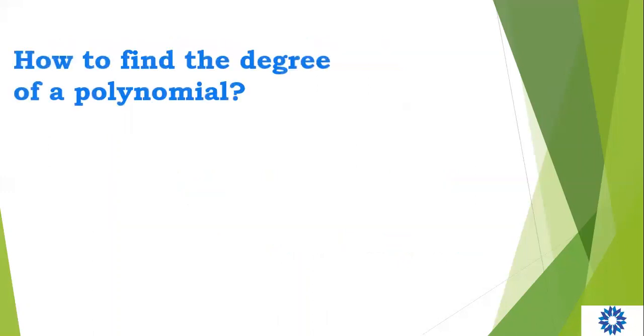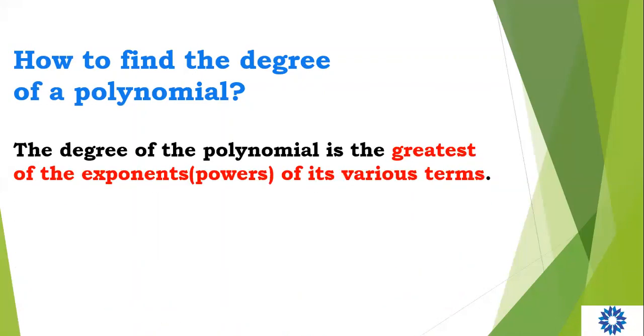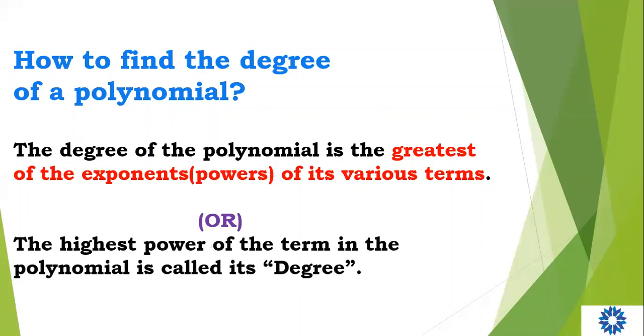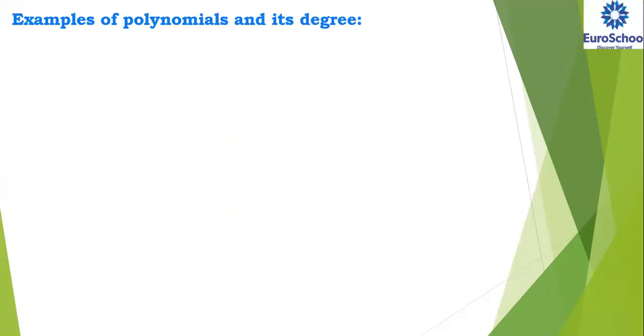How to find the degree of a polynomial? The degree of a polynomial is the greatest of the exponents or powers of its various terms. The highest power of the terms in a polynomial is called the degree. Example of polynomials and their degree.